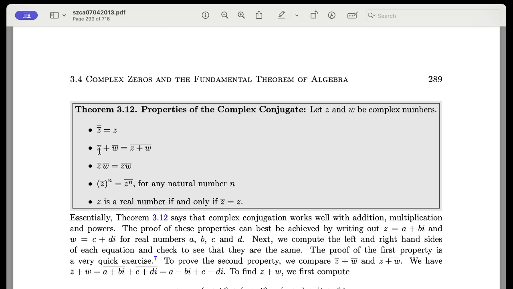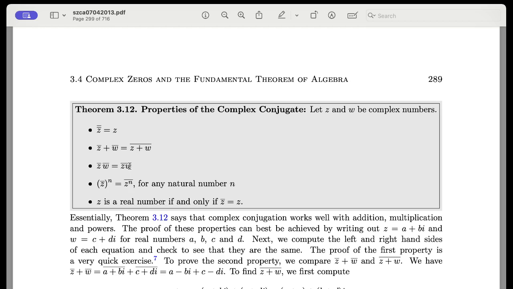So let me just put these into words. The first one says, if you add up the complex conjugates of some complex numbers, it'll be the same as adding the two things up together and taking the complex conjugate of that. And a similar thing with multiplication. This is multiplying the individual conjugates versus taking the product and then conjugating that.